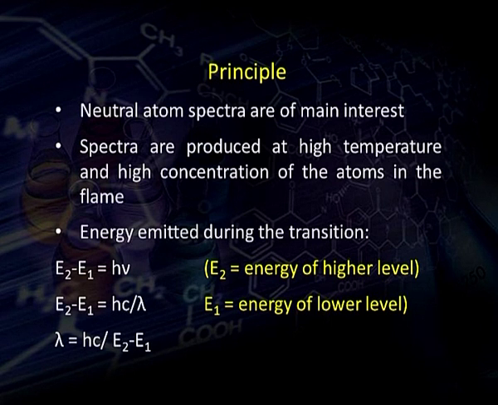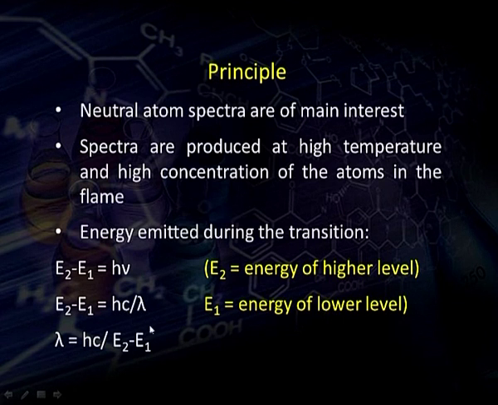The energy emitted during the transition is the energy difference E2 minus E1, where E2 is the energy of the higher level and E1 is the energy of the lower level. This is equal to h nu, where h is the Planck's constant and nu is the frequency. So, E2 minus E1 is equal to hc upon lambda, because nu is equal to c upon lambda. So, substituting the value of nu, we have hc upon lambda.